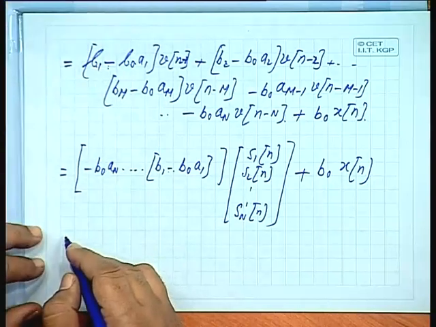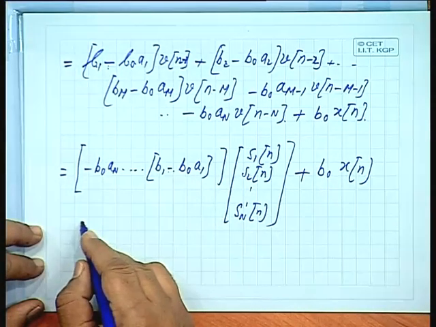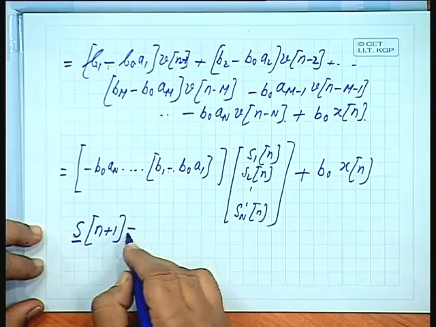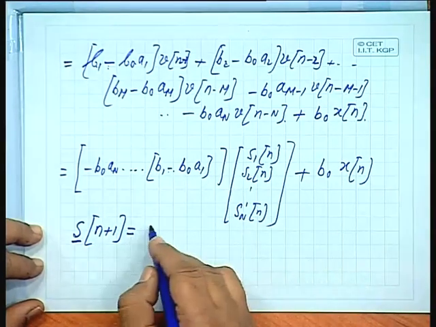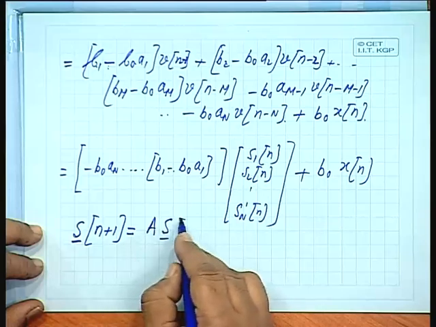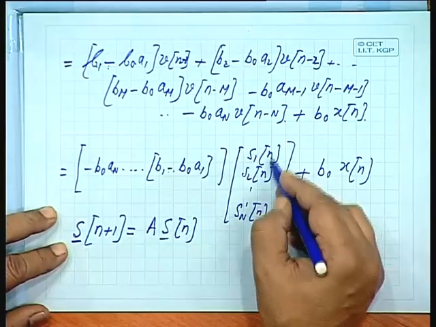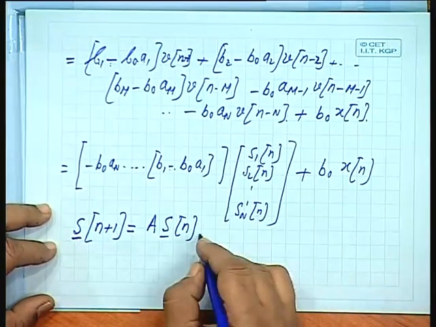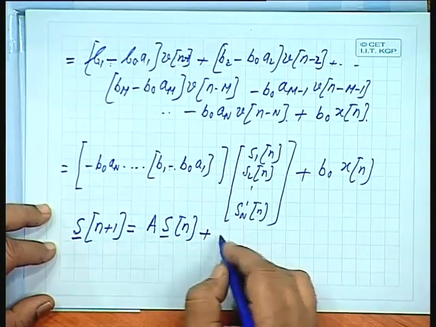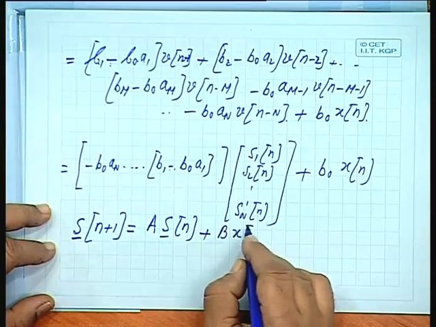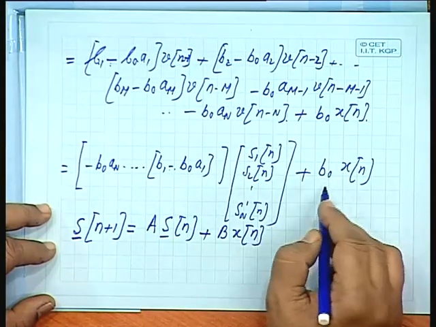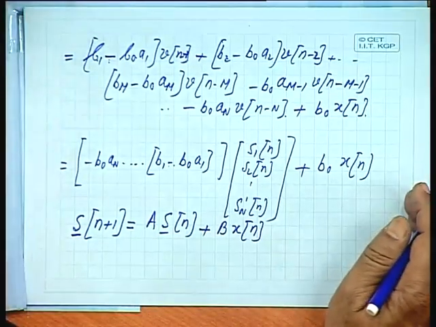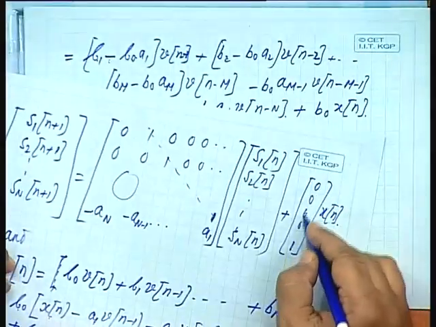Thank you very much. So, I can write this in a compact form, a into S n, where this is a vector of all the s, S1, S2, S3 and so on, plus b into x n, where b is basically this column that I got here.